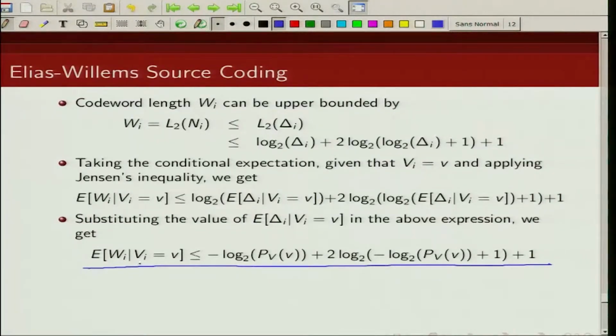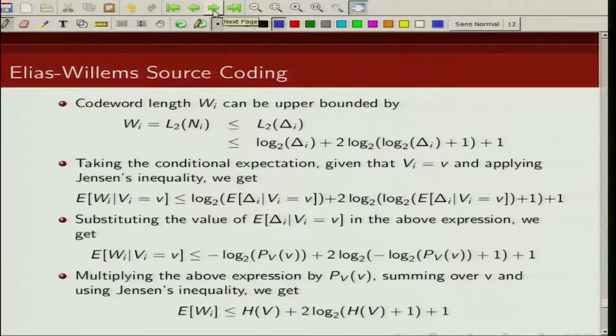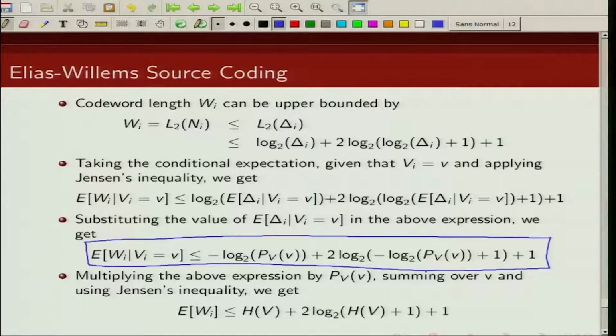Now we need to get rid of this conditional expectation because we want to get the value of expected value of Wi. To do that, we multiply this particular expression by probability of V, and then we sum over all V's. And we are also going to make use of Jensen's inequality.